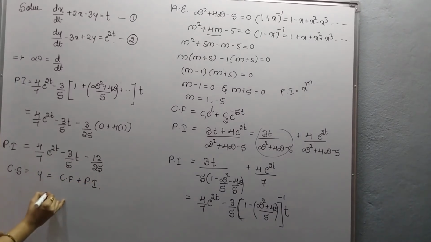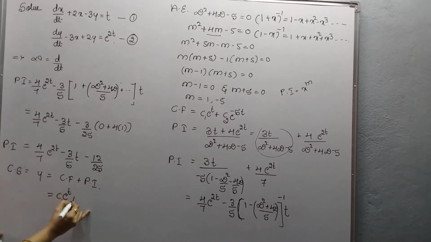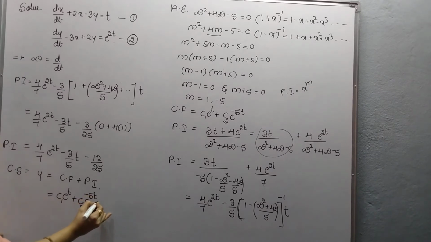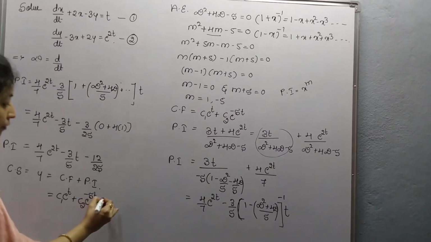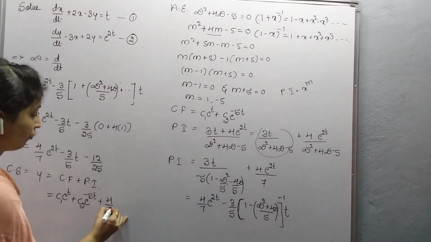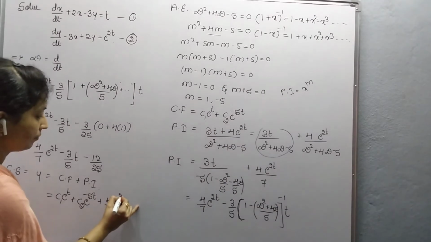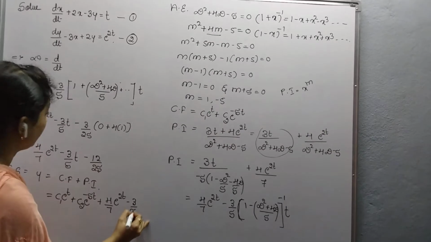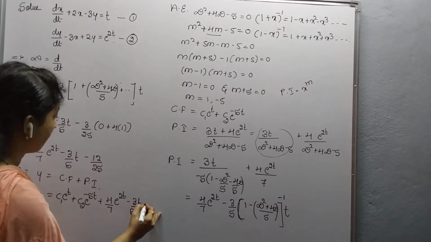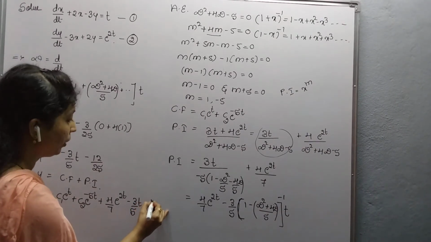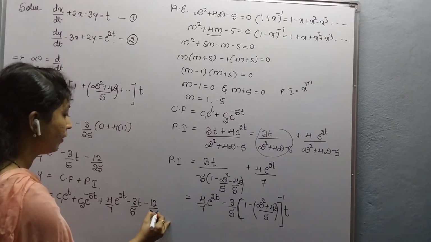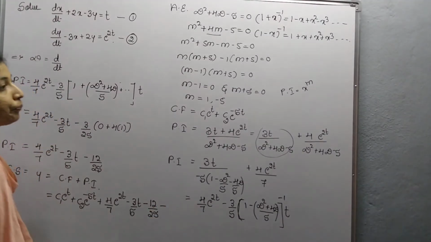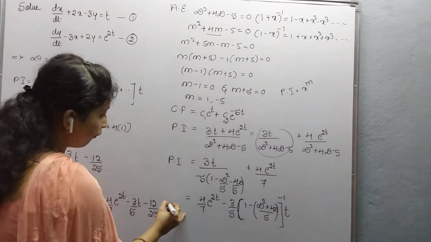The complementary function is c1 e raised to t plus c2 e raised to minus 5t. The particular integral is 4 by 7 e raised to 2t minus 3 by 5 t minus 12 divided by 25. Call this equation 5.